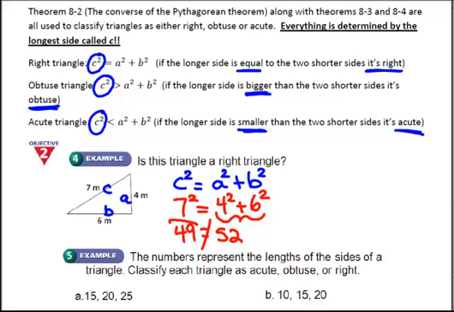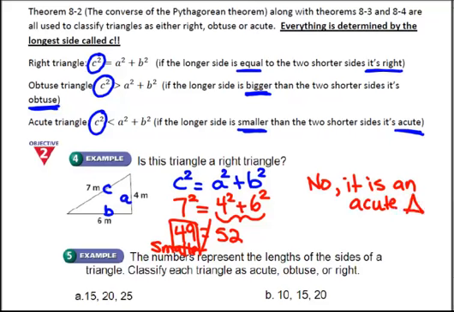As a matter of fact, this number is smaller. So, no, it is an acute triangle. It's not a right triangle because Pythagorean's theorem does not work. The C squared is smaller.